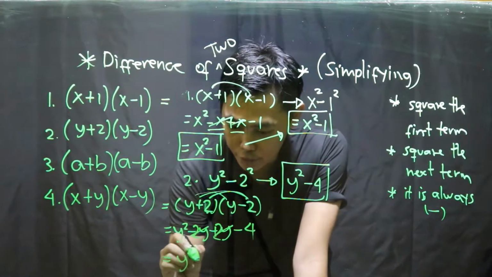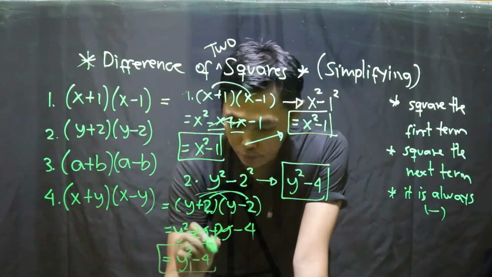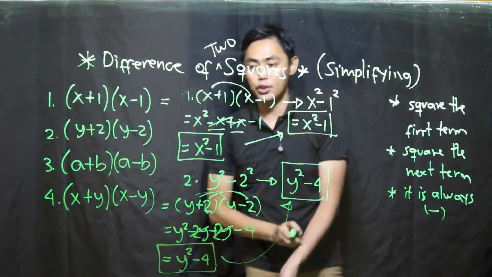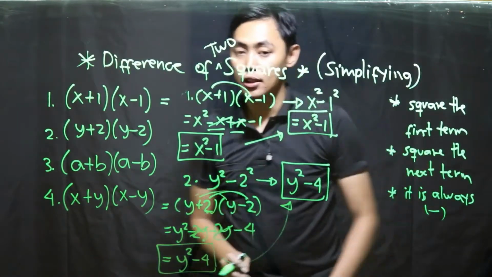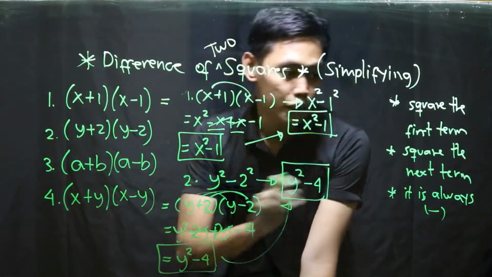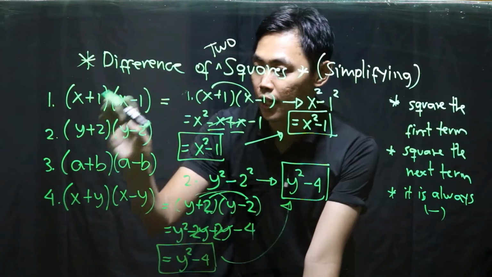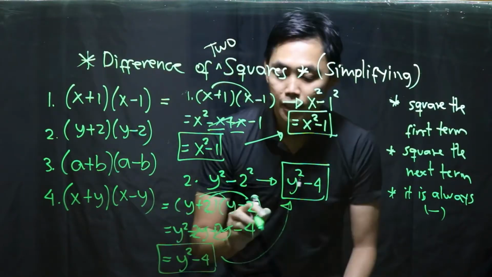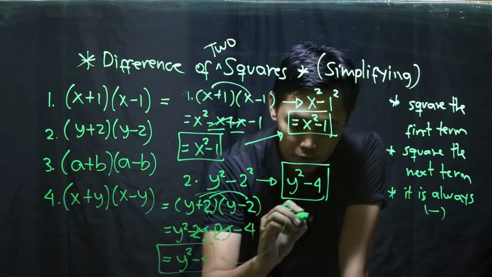We are left with y squared minus 4, which is equal to what we already solved using just this process. So to make things easier, just use this process as long as you can see this pattern: plus, minus.